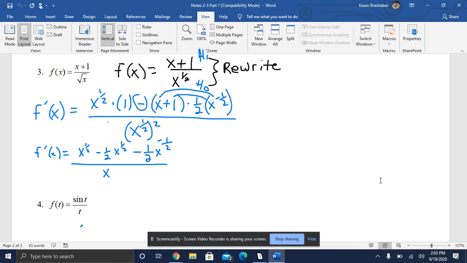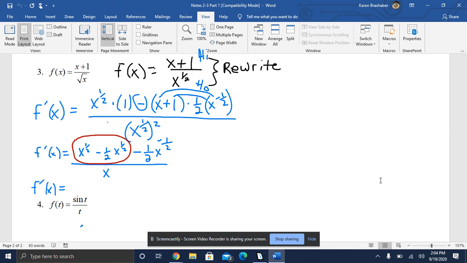So now we're looking at like terms that we can combine. So f prime of x is going to equal, and I have two terms that have a 1/2 exponent right here. So I add the coefficients. I have 1 x to the 1/2 minus 1/2 x to the 1/2.